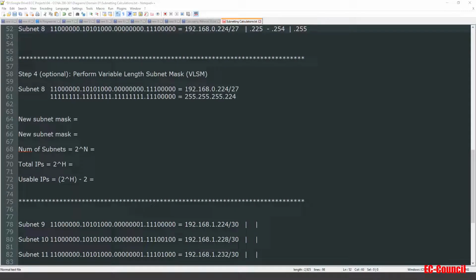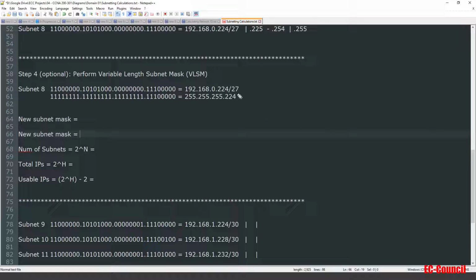So here we actually have the network, which is the last subnet that we have created, the 8th subnet, 192.168.0.224/27. And what we did is we converted the subnet mask into binary together with the IP address in binary.